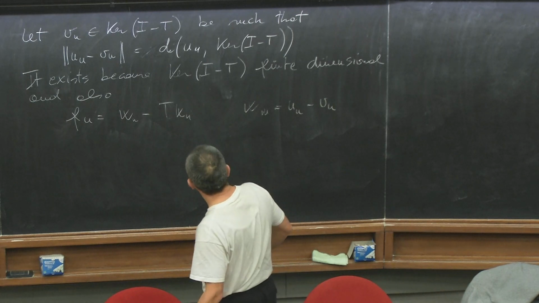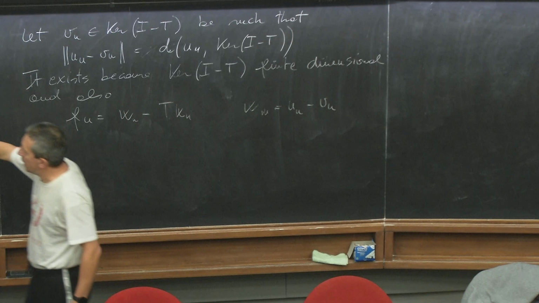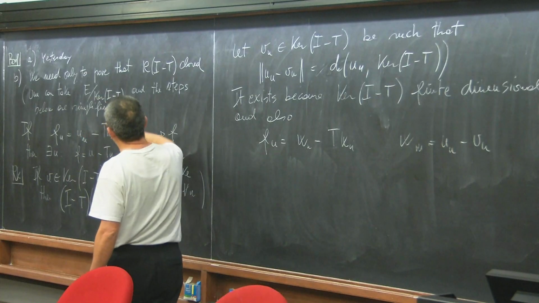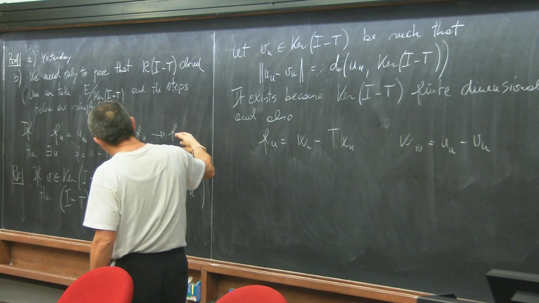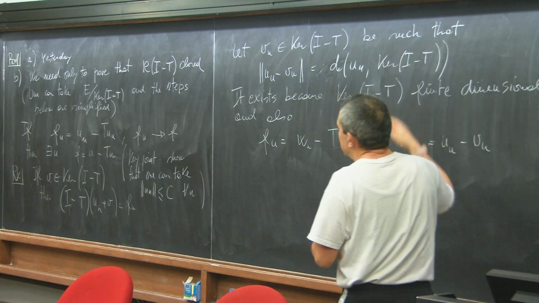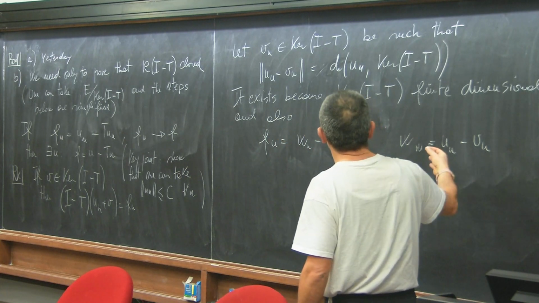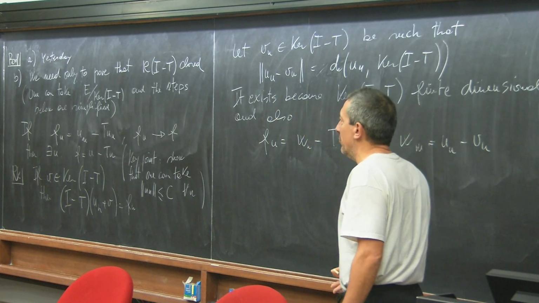So this step is because I'm not using this space. Now I want to show that this Wn, which can be seen as a point in the quotient, is norm bounded.